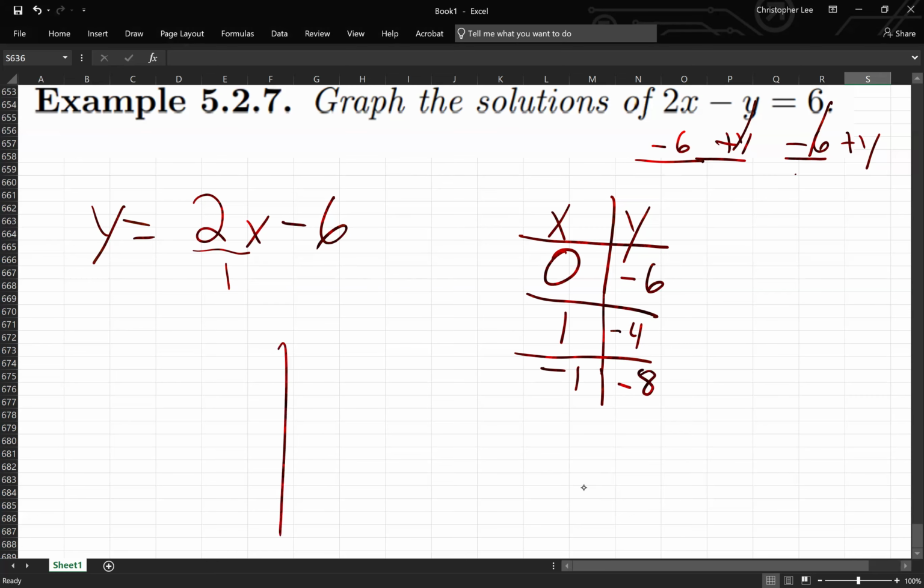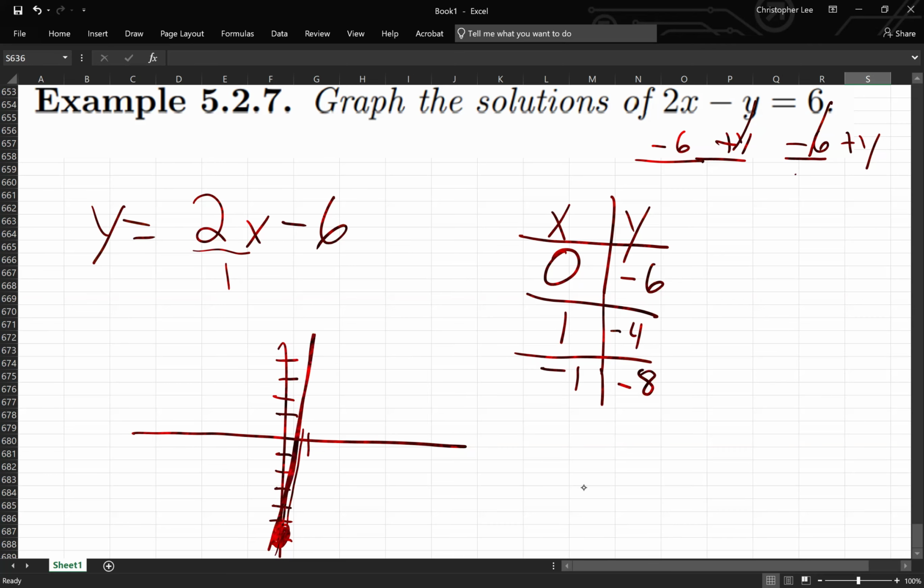Graph it now. This is not a clean picture, but something like this should be going on.